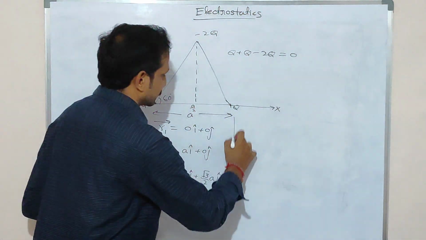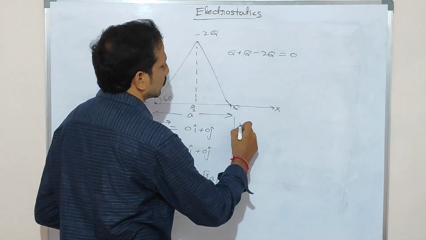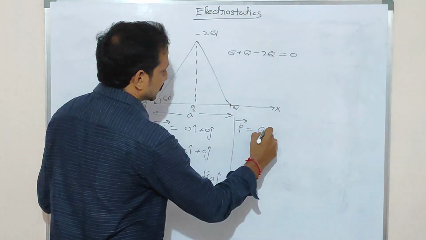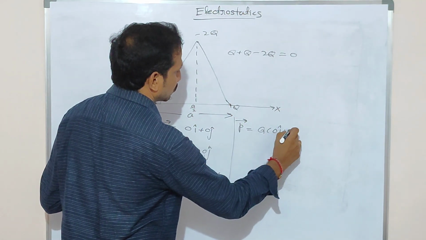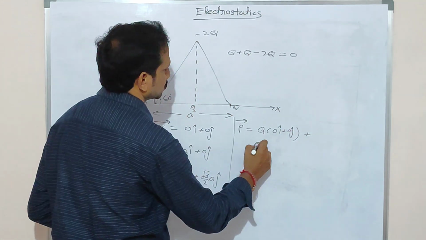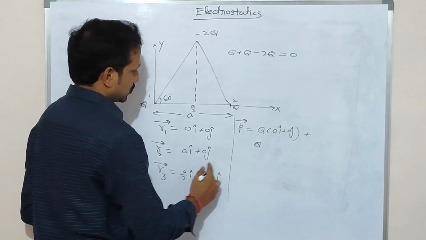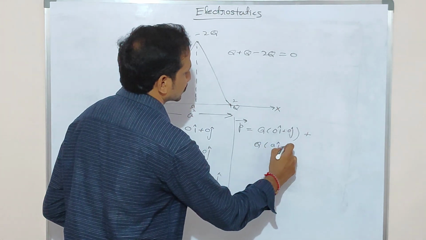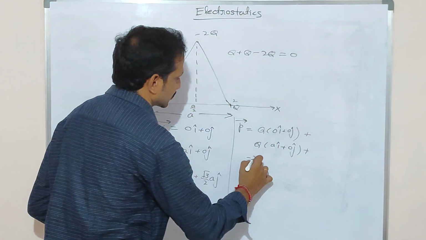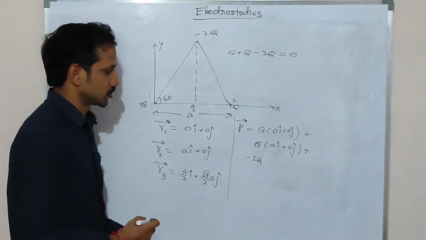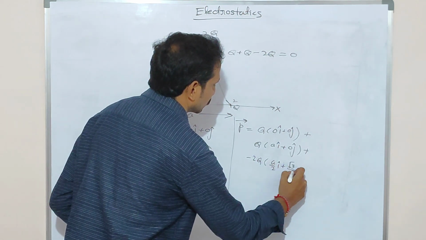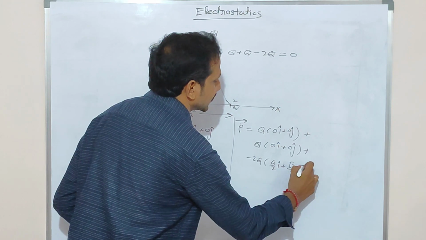Now substitute in the formula. The dipole moment of the system equals q1, that is q, into r1, plus q2 into r2, that is a i cap plus 0 j cap, plus q3, that is minus 2q, taking the sign also, into a by 2 i cap plus root 3 by 2 a j cap.